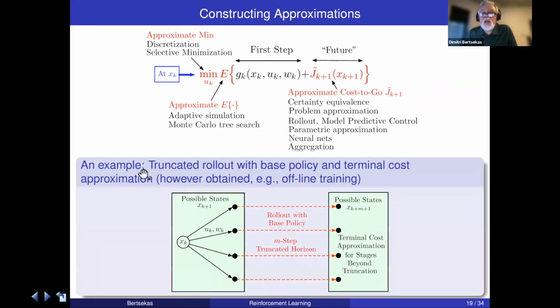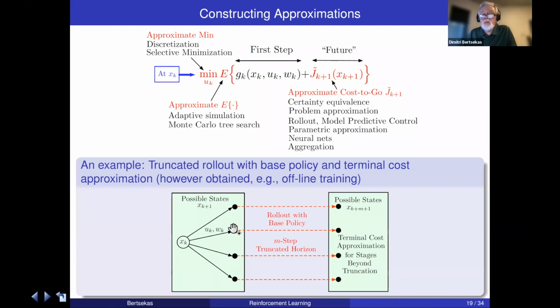Let me give you the general structure of rollout. This is a possibility for approximation of the terminal cost. Here we use a base policy, like in the deterministic version of rollout, and some terminal cost function approximation. At a given state, we consider all possible controls and also all possible states that you may end up with, which means that we have to consider all the possible W's as well.